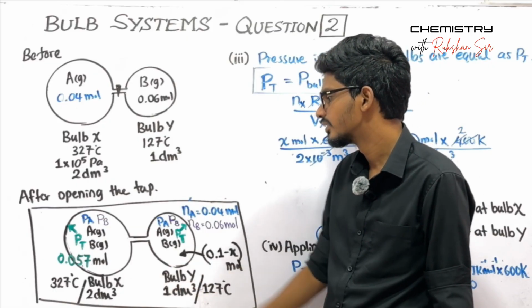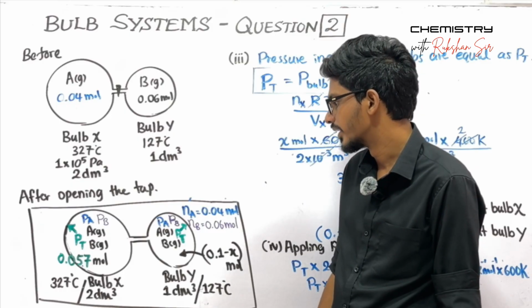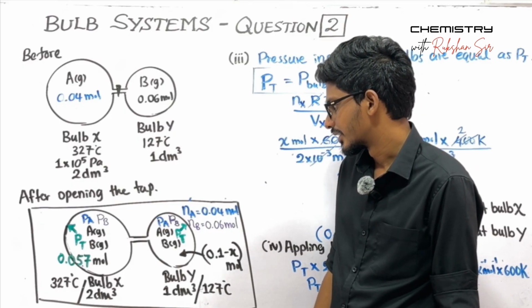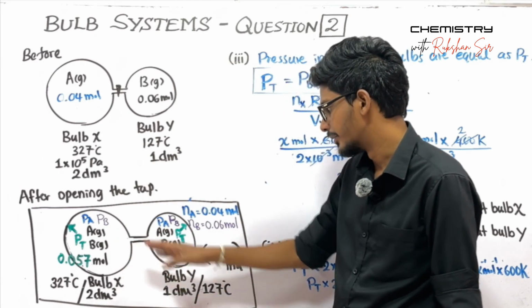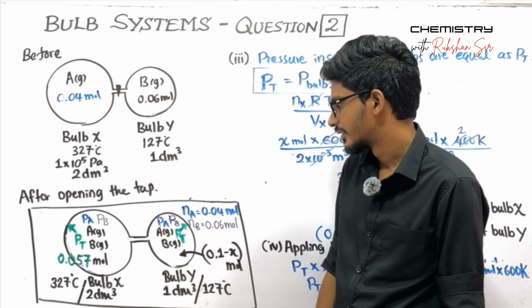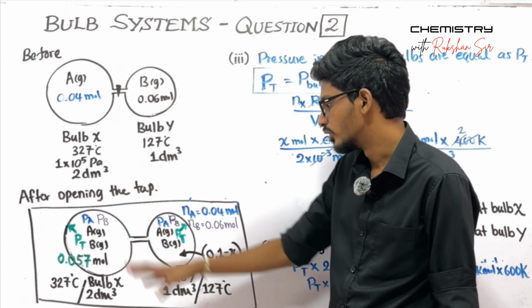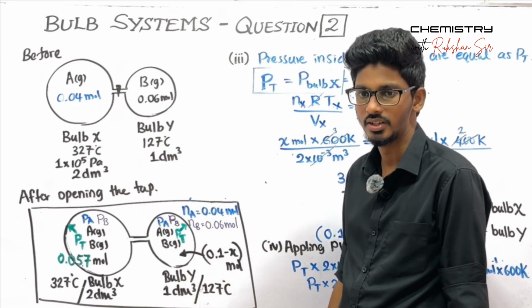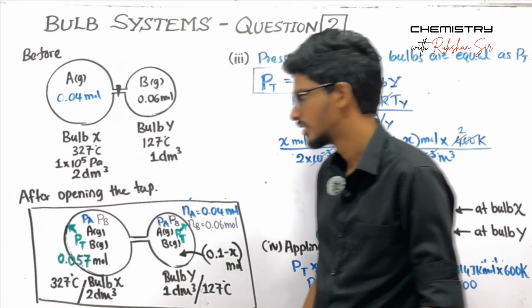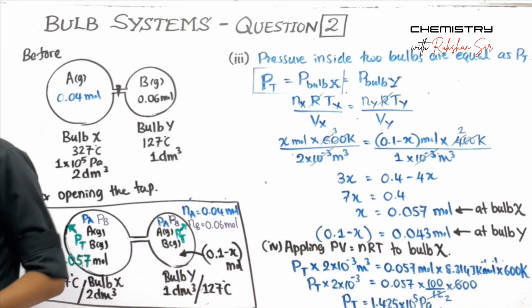So the mole fraction at bulb X or at bulb Y, anywhere, is going to be equal to the mole fraction of the total system. Okay, so that is what we are applying here. So let's complete those.